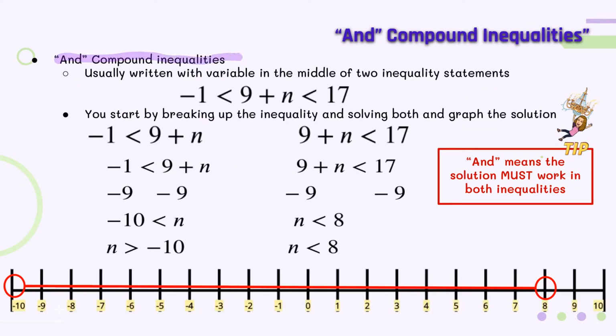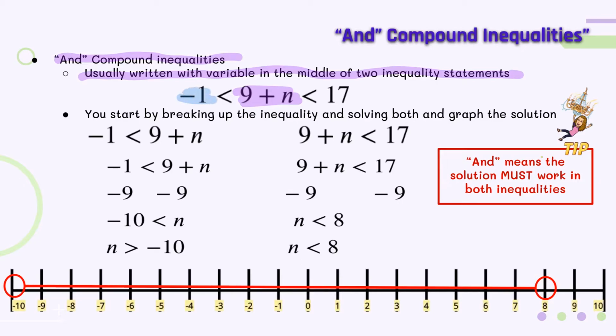So, "and" compound inequalities are usually written with the variable in the middle of the two inequality statements. So here we have an expression in the middle, and there's two inequality statements on either side. To solve these, you start by breaking up the inequality and solving both and graphing the solution.